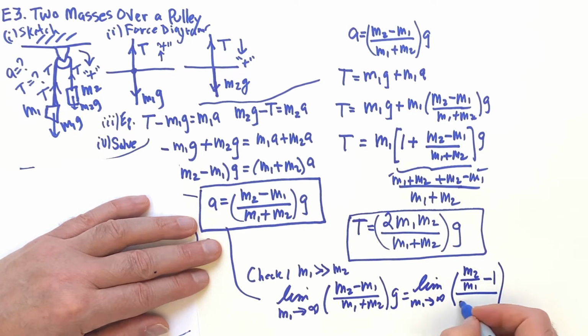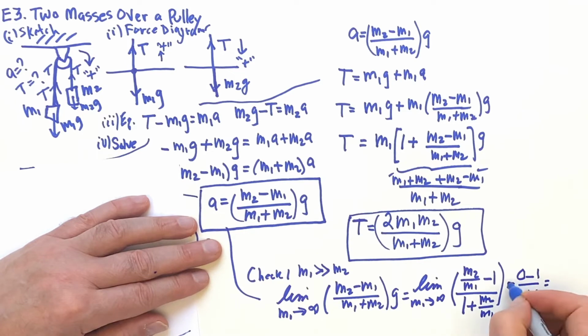And we have this. And when m1 goes to infinity, this gets 0. This is 0 minus 1, 1 plus 0. You get, and there's a g in there, you get minus g, which is what we expected.